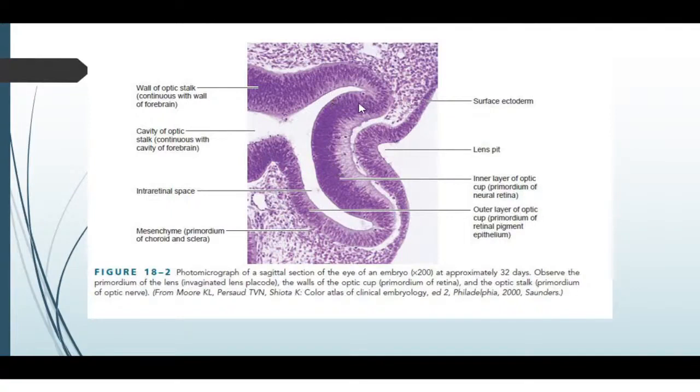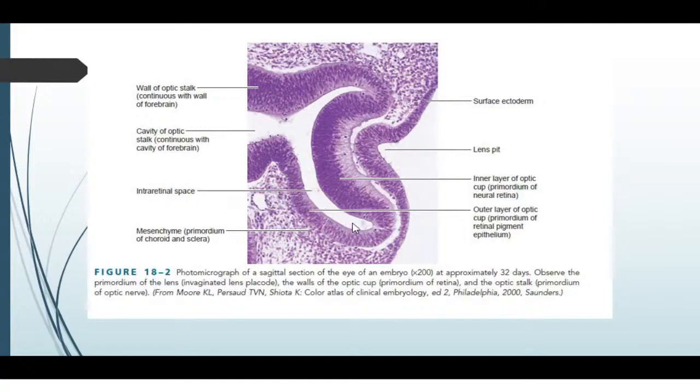The outermost layer will give rise to the formation of the pigmented epithelium. The innermost will give rise to the formation of, yes, look, we see here the outer optic cup, primordium of the retinal pigmented epithelium, is inverted. I made a mistake, I'm very sorry.